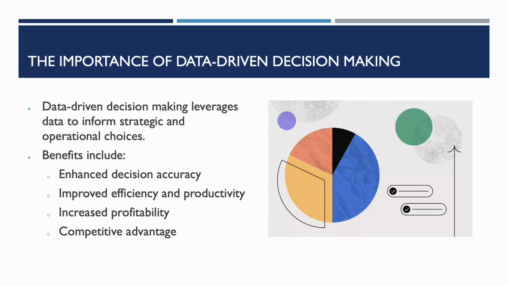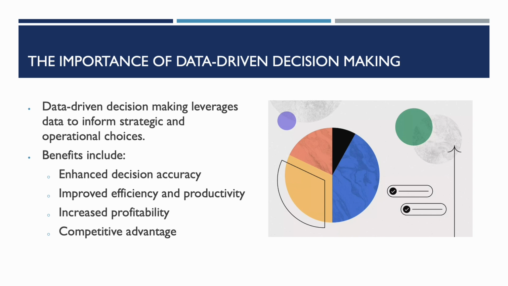So, if you see on the right side, the right picture, rather than guessing, you have accurate data, so that will be easier for you to see what is best or what is worse.